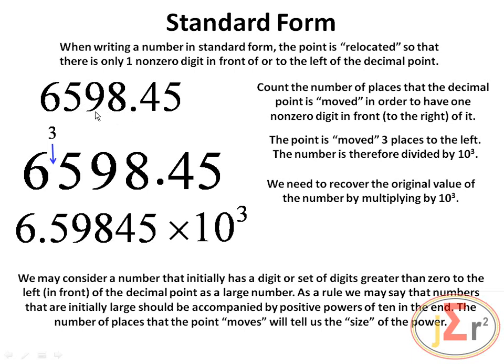So these digits precede the decimal point. So this is considered to be a large number. At the end, a large number should be accompanied by a positive power of 10. The number of places that the point moves will tell us the size of the power. So if it moves by 3, we know that the size of the power is 3.